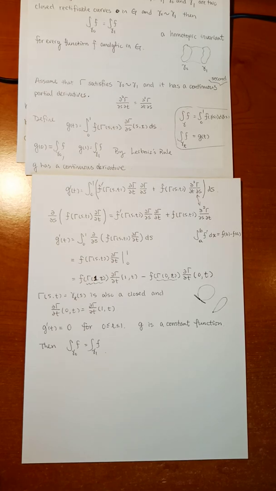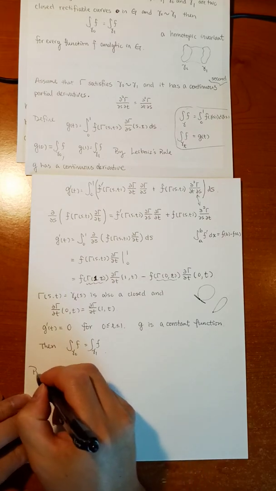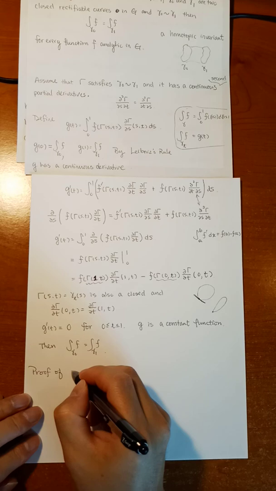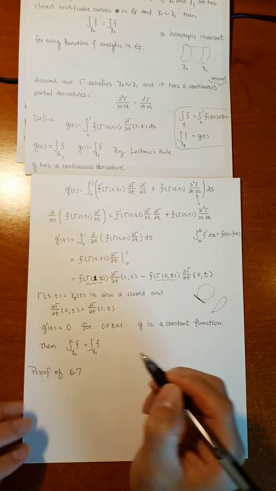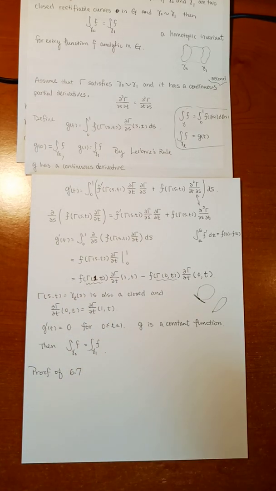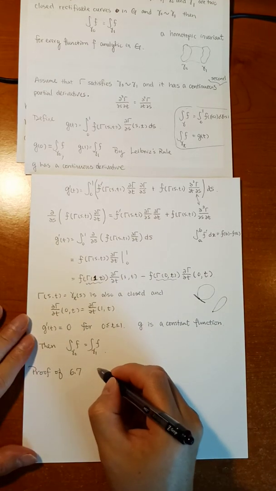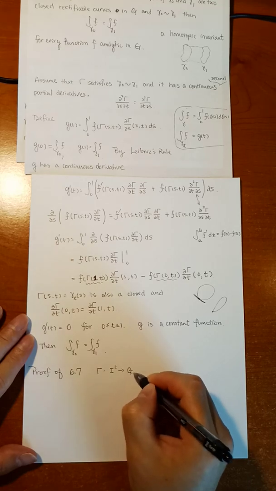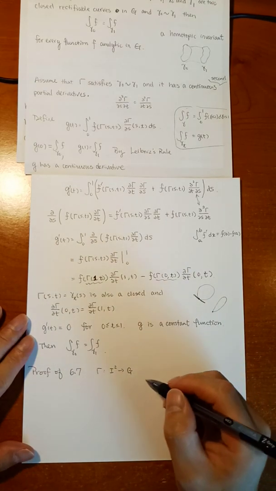Now let's see the detailed proof of 6.7. In general, we still have capital gamma, but this time we cannot assume it has continuous second partial derivatives.